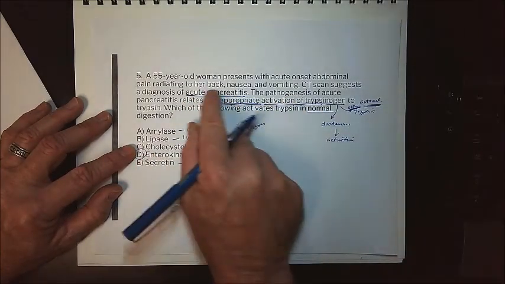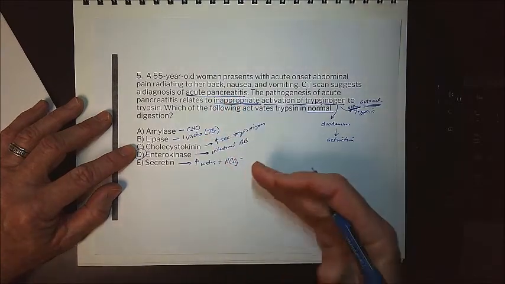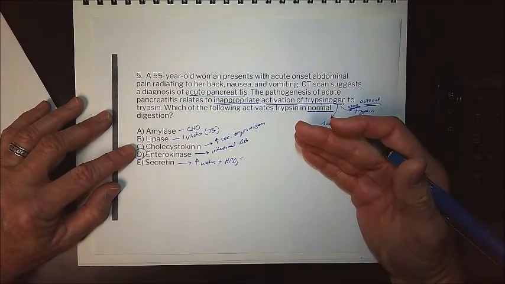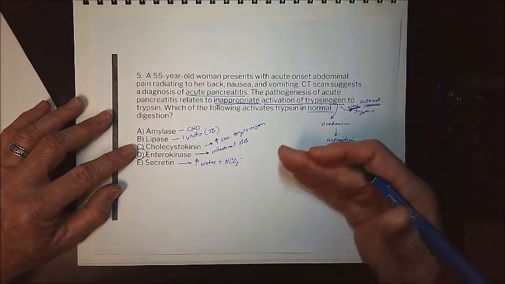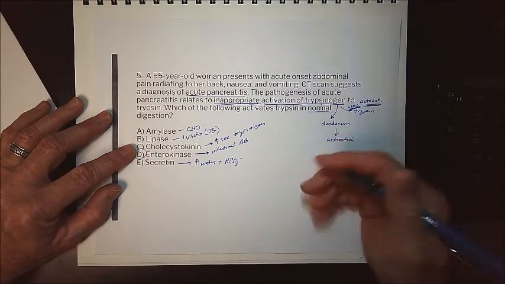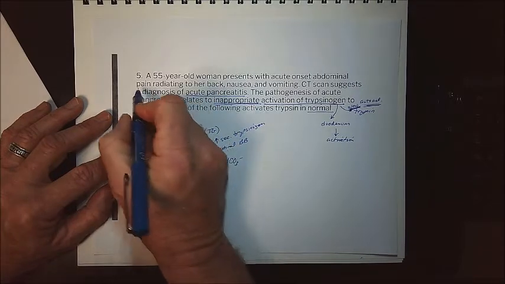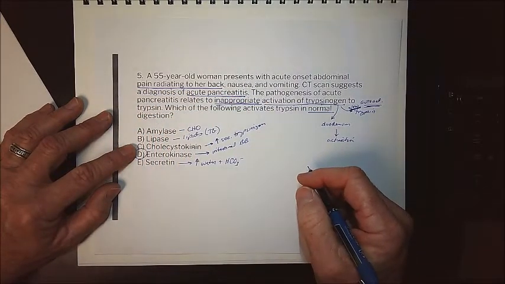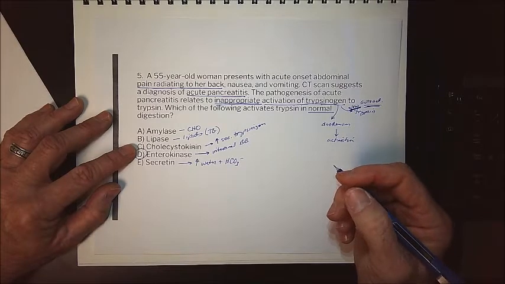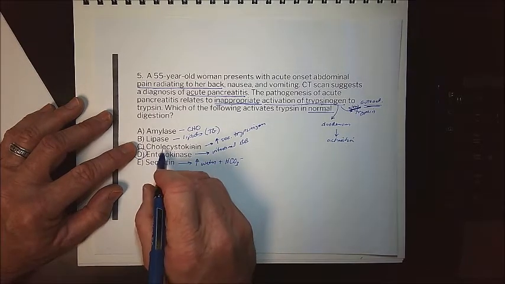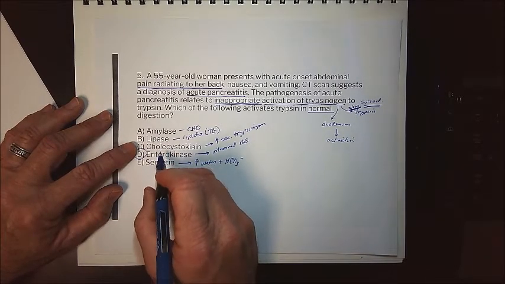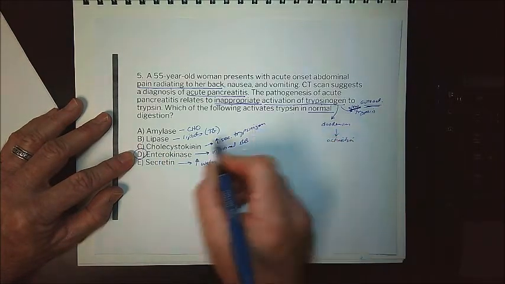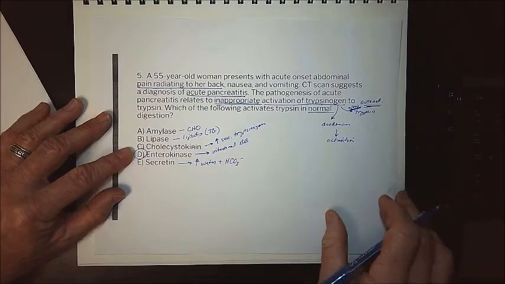So imagine if you've got acute pancreatitis and you have a problem with the pancreatic ducts so that the secretion is not being pushed out, but you still have secretory products being made. This can cause pain radiating to her back with accompanying nausea and vomiting. Okay, so that would be under a pathological state of the pancreas, but under normal conditions, trypsin is activated by the enterokinase enzyme.